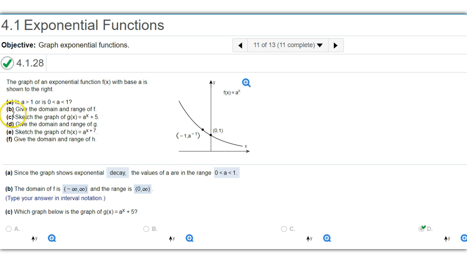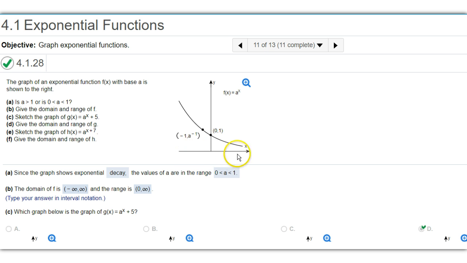In part B, they're asking what would be the domain of this. Well, the domain is all real numbers, and we write that in interval notation from negative infinity to positive infinity. Now, what is the range? Well, it's getting closer and closer to 0.